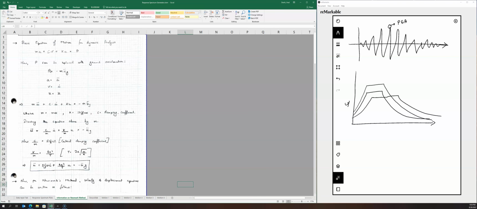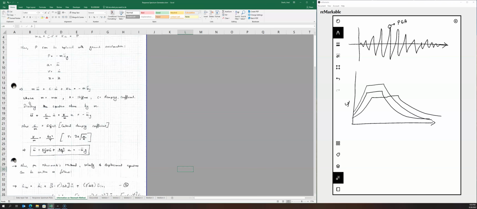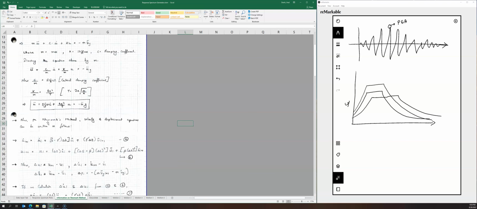In the case of earthquake excitation, the load that's applied is just inertial load. So it's the self mass of the system times the acceleration at the ground. I write this down in the form of differential equations, and from there I carry out certain mathematical operations to simplify the equation such that I can eliminate the mass term as well as the stiffness term from the equation itself, which is pretty crazy to think about.